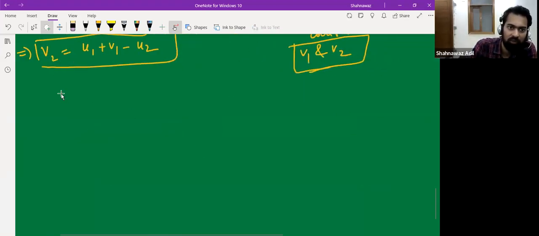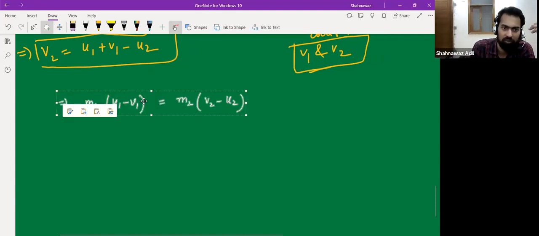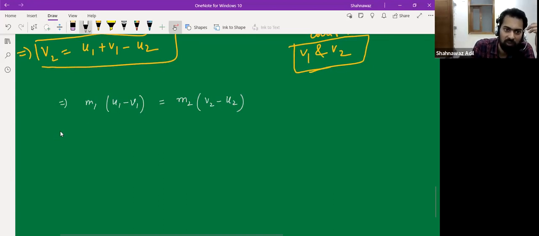Right, so we will put the value of v2 in here. So m1 u1 minus m1 v1 is m2, and v2 is u1 plus v1 minus u2.